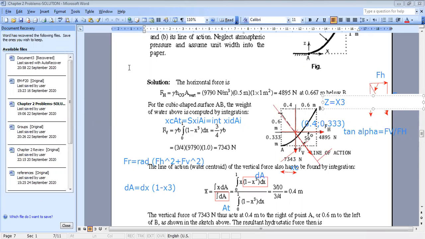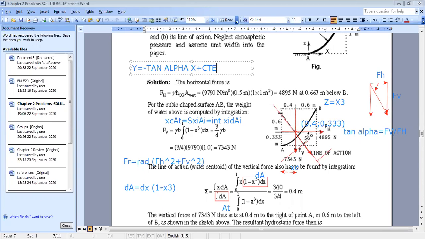Because you know that I can write that it's a line, so its equation is in the form y equals to, now because it's a negative slope here, so it's minus tangent alpha times x plus a certain constant. How to find the constant? You replace by the coordinates of the point.